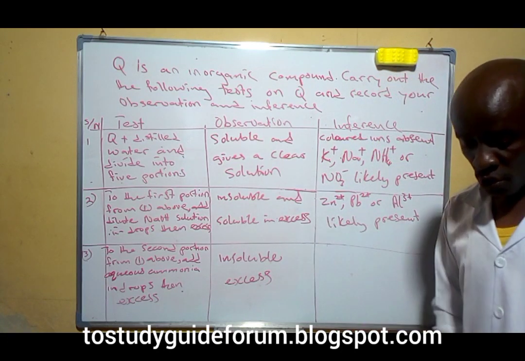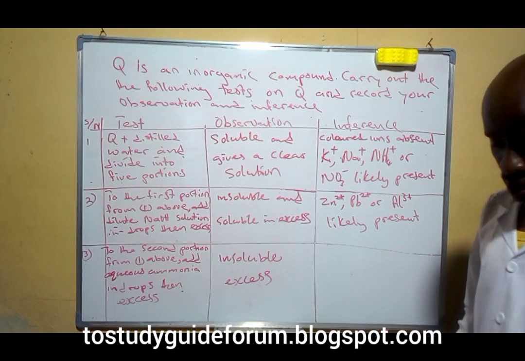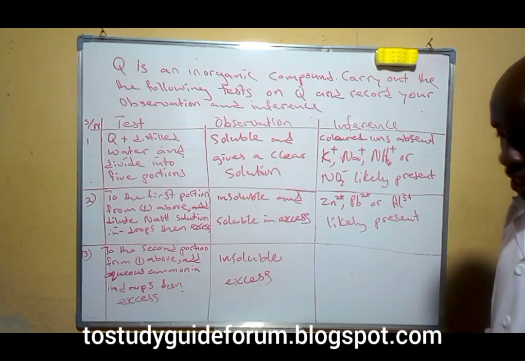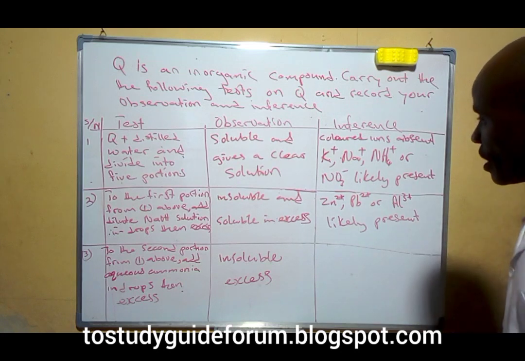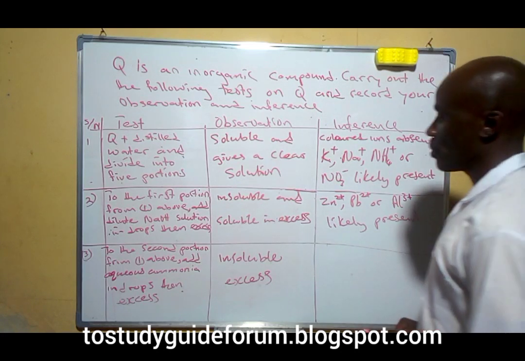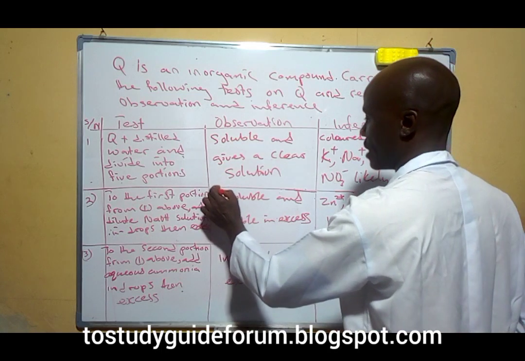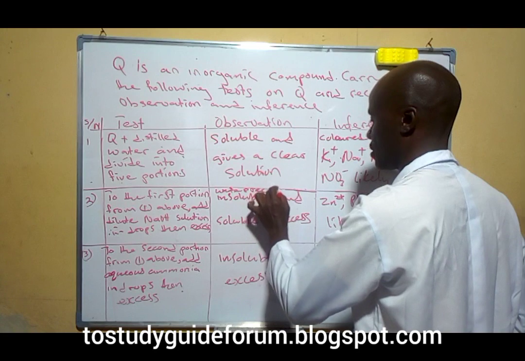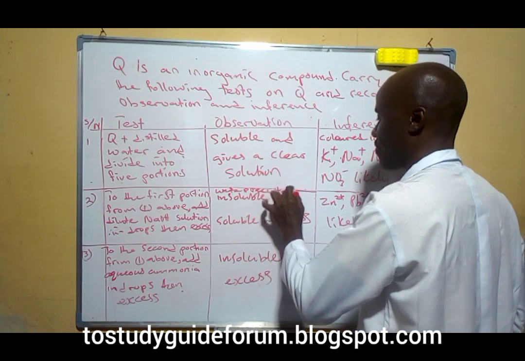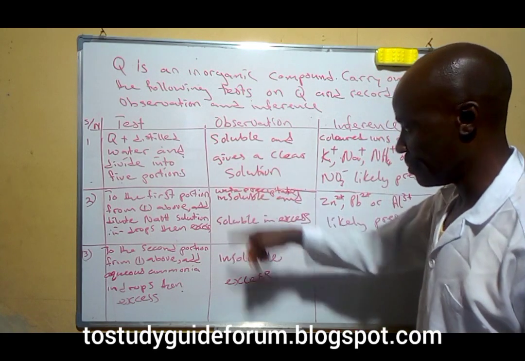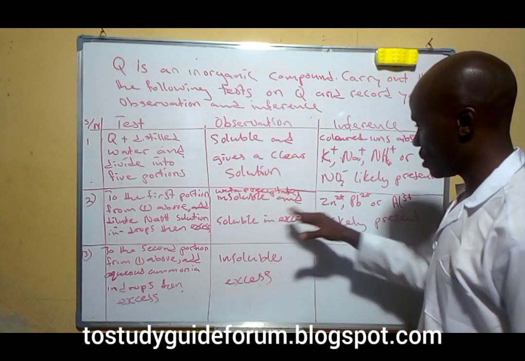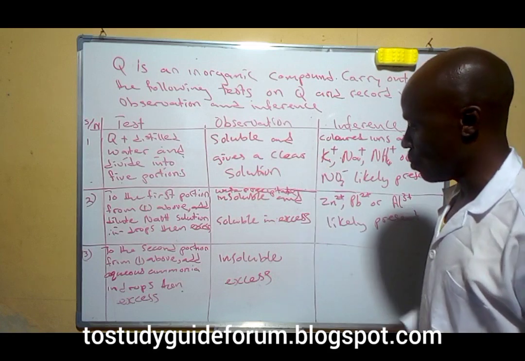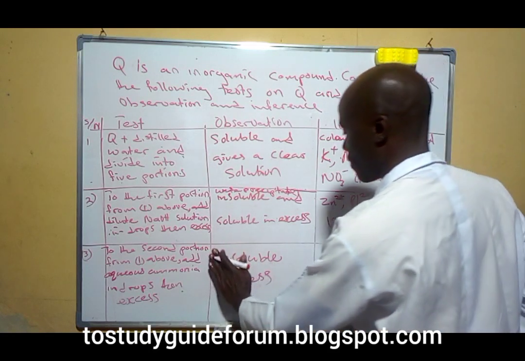Because in drops it was insoluble, and then in excess the insolubility still remains. The precipitate we have here is a white precipitate. These are the sort of ions that will give us a white precipitate with sodium hydroxide, which is insoluble.